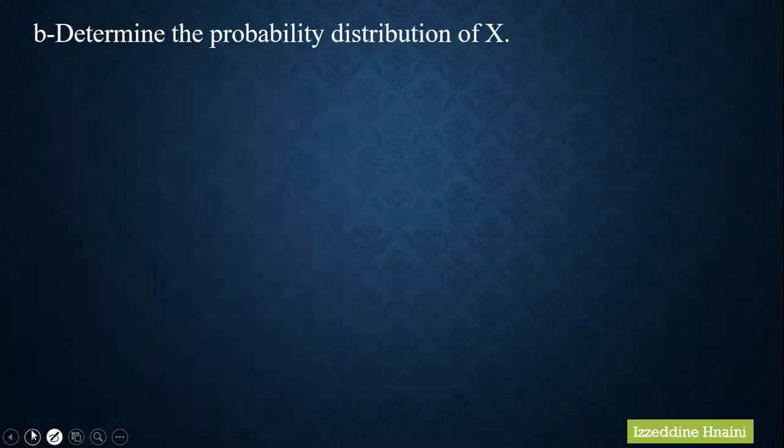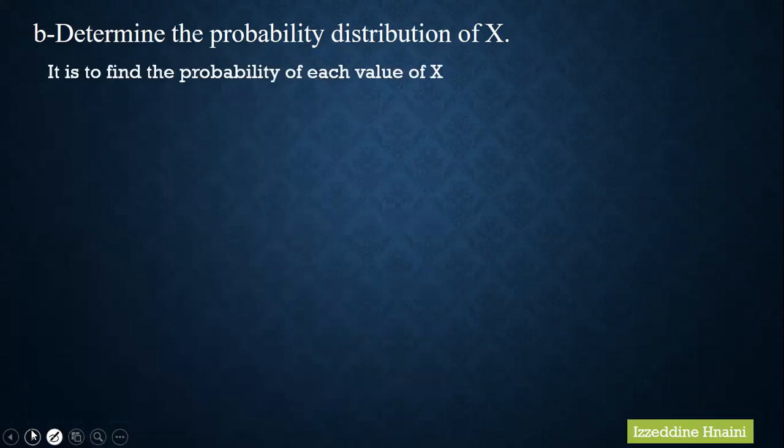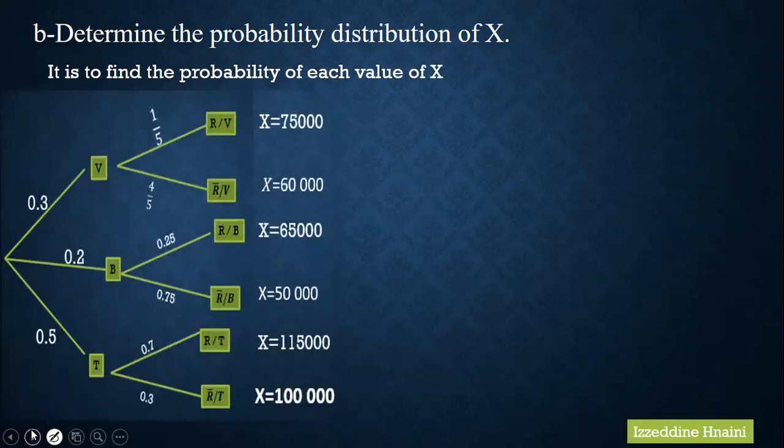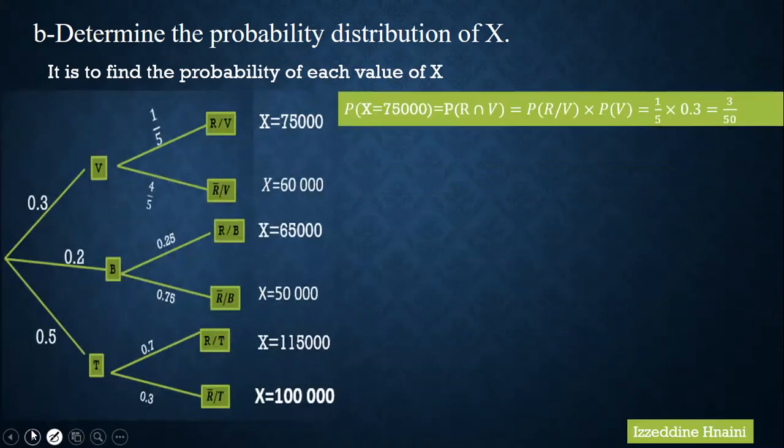Now we want to determine the probability distribution of X. It is to find the probability of each value of X. Here we have 6 values of X. First, probability of X equals 75,000.